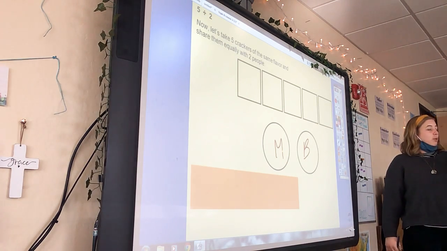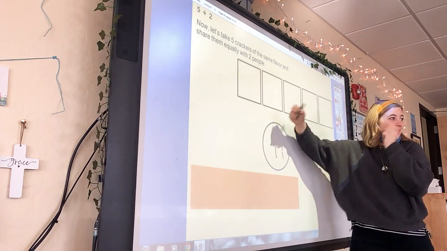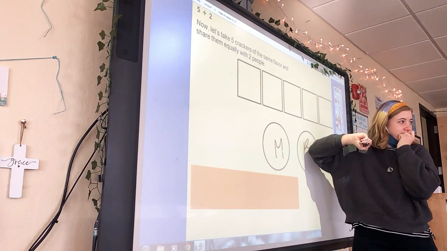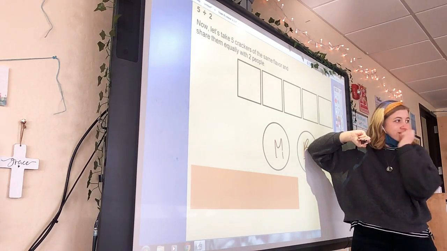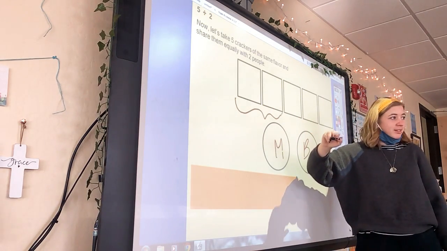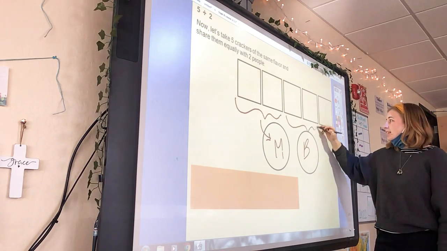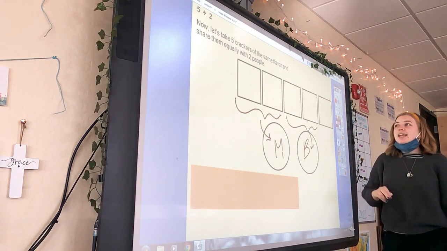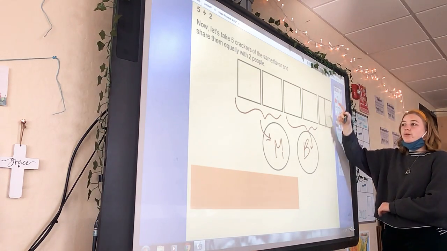Literally, what should I do? Give 2 crackers. Bingo. Keep going. To each person. Good. And then split the last one in half. That's what I'm looking for. Okay, give 2 to each person, then split the last one in half so they each get 2 1/2.